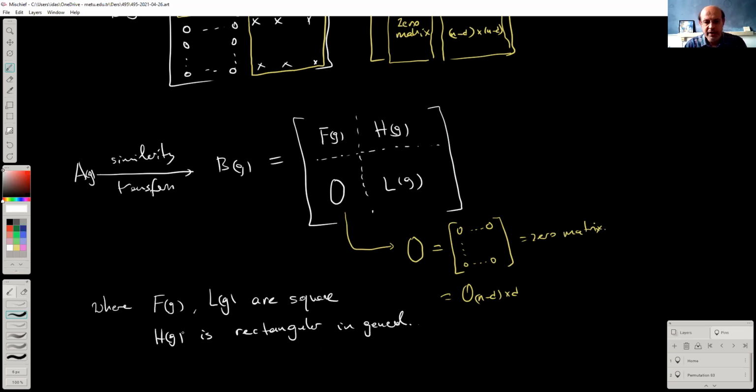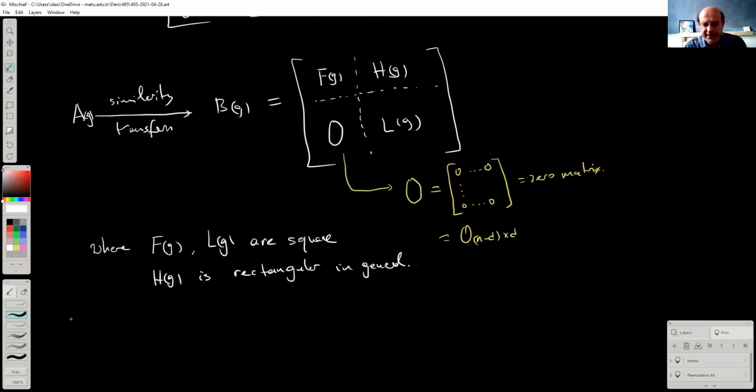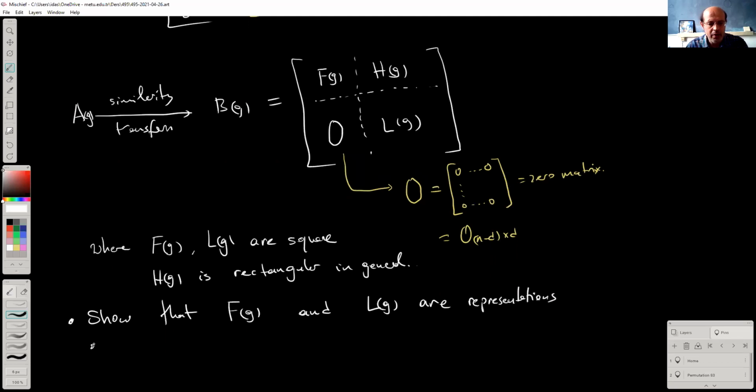Okay, so basically we are going to do this in general. This is something that I'm not going to use in here, but you can show this. Show that f of g and these diagonal blocks are representations of the same group, obviously.